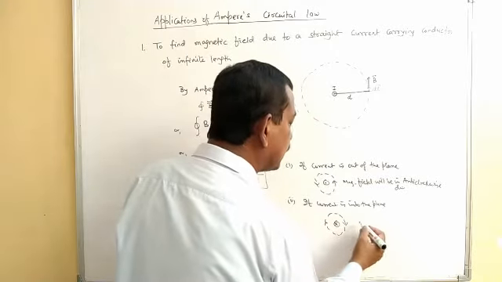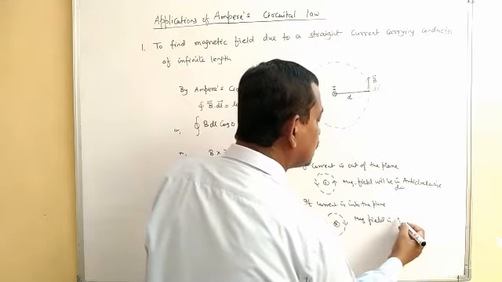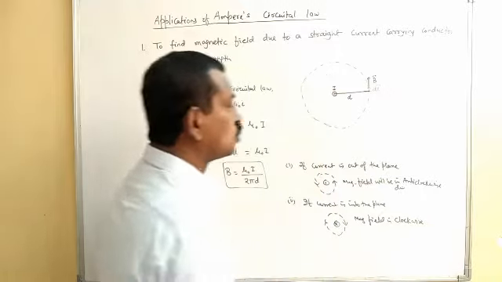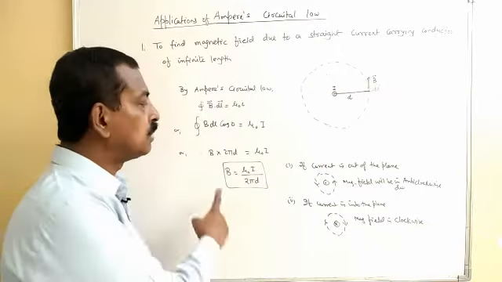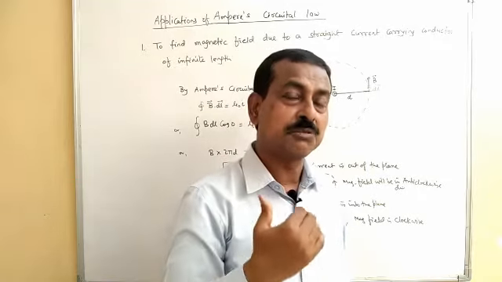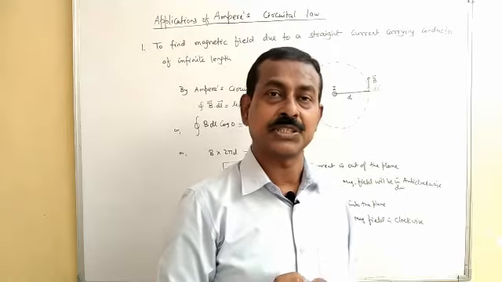So this will indicate magnetic field is clockwise. This will give the direction, because remember magnetic field is a vector quantity. So it's not only sufficient to give the magnitude, but you will have to also mention its direction.